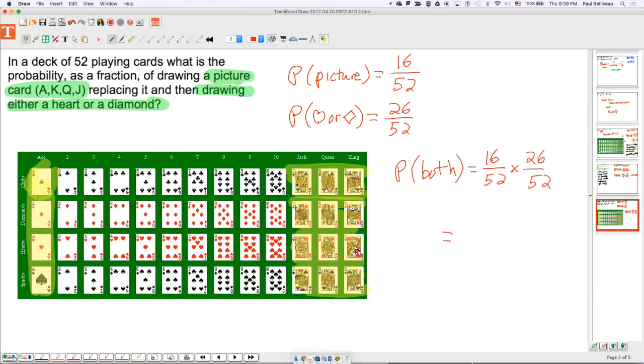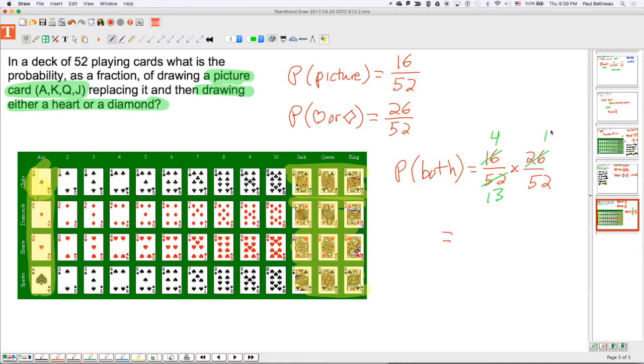Now, it says to leave this as a fraction, so let's see. Pull out the calculator, turn it back into a fraction, but sometimes it might be even a little easier to reduce things a bit. If you divide 16 by 4 and 52 by 4, you get 4 over 13.